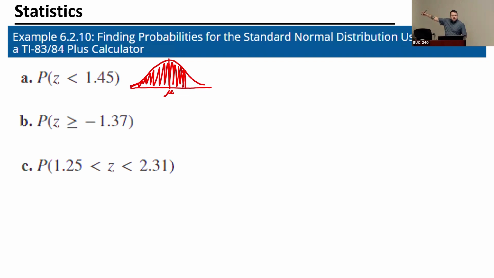Negative infinity. What would be my upper bound? 1.45. Very good. Yes, it does say less than, not equal to. You don't have to worry about that when doing a z-score like this, so don't worry about that right now. Get out your calculators.